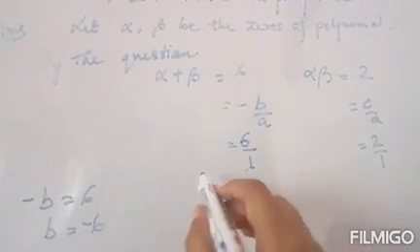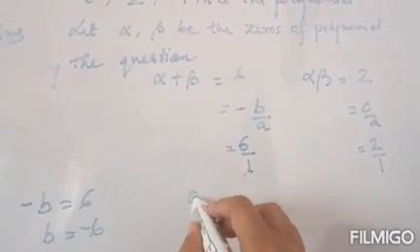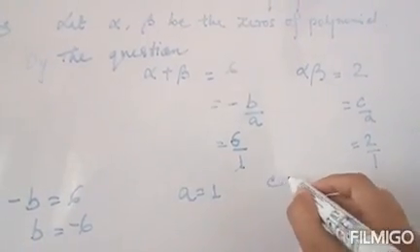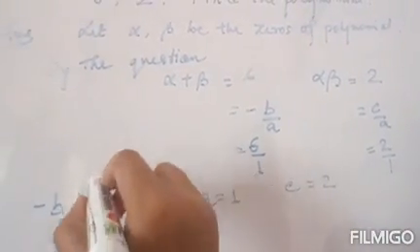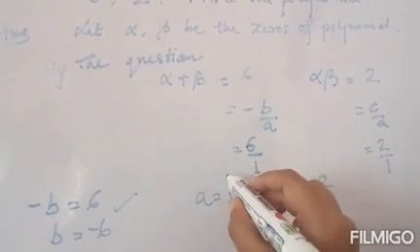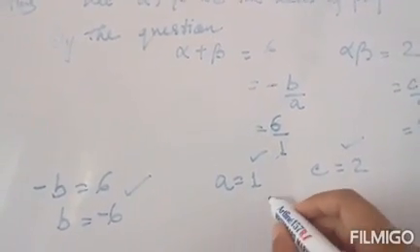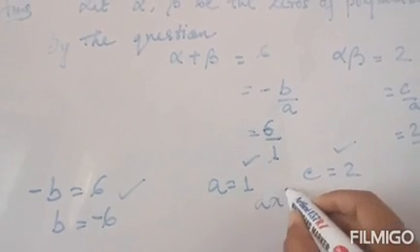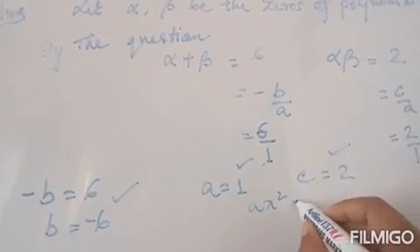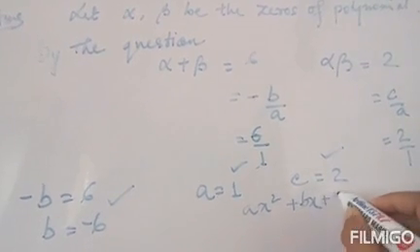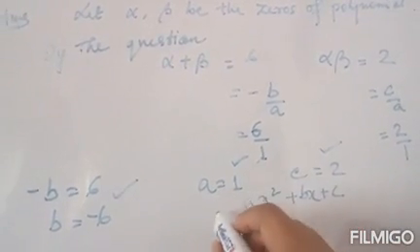From here again we can say a is equal to 1 and c will be equal to 2. You know the value of a, b and c. So what will be the equation? Equation is ax square plus bx plus c.